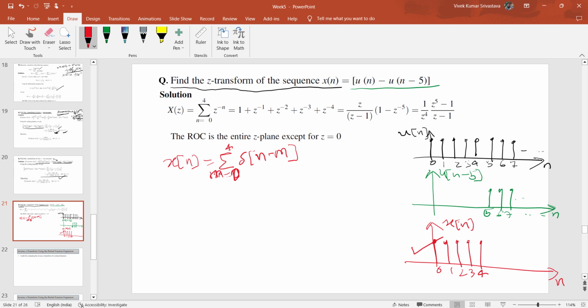Now once you evaluate X of z, you will get the summation from n equals 0 to 4.